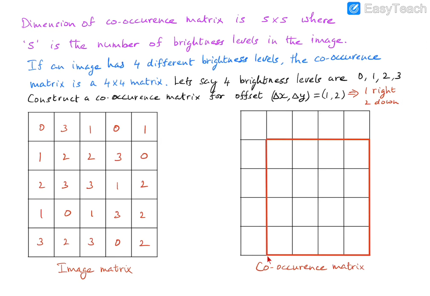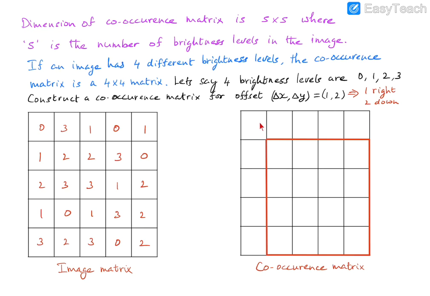So the dimension of the co-occurrence matrix depends on the number of different brightness levels present in the image for which we are computing it. Since in this case we have 4 different brightness levels, the co-occurrence matrix will be a 4 by 4 matrix, which I have highlighted in red here.